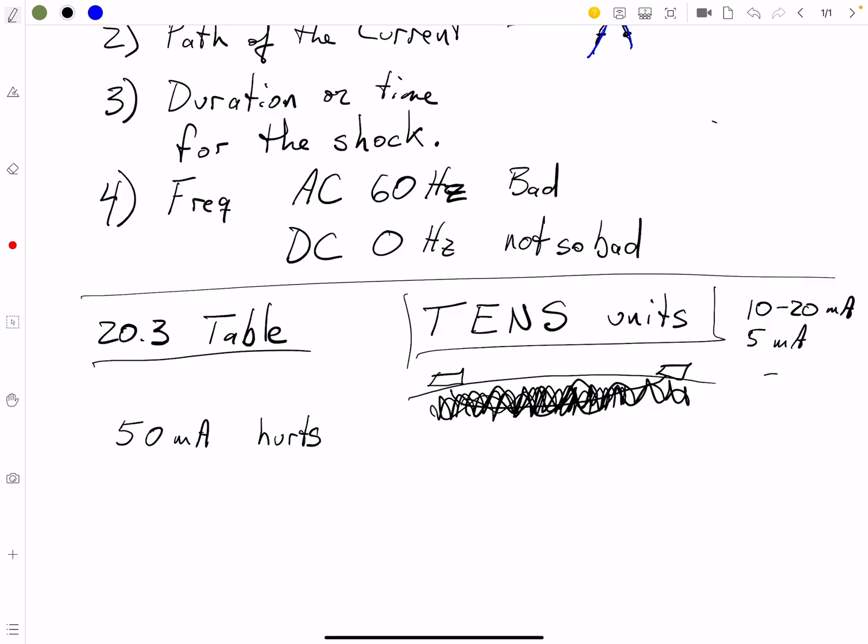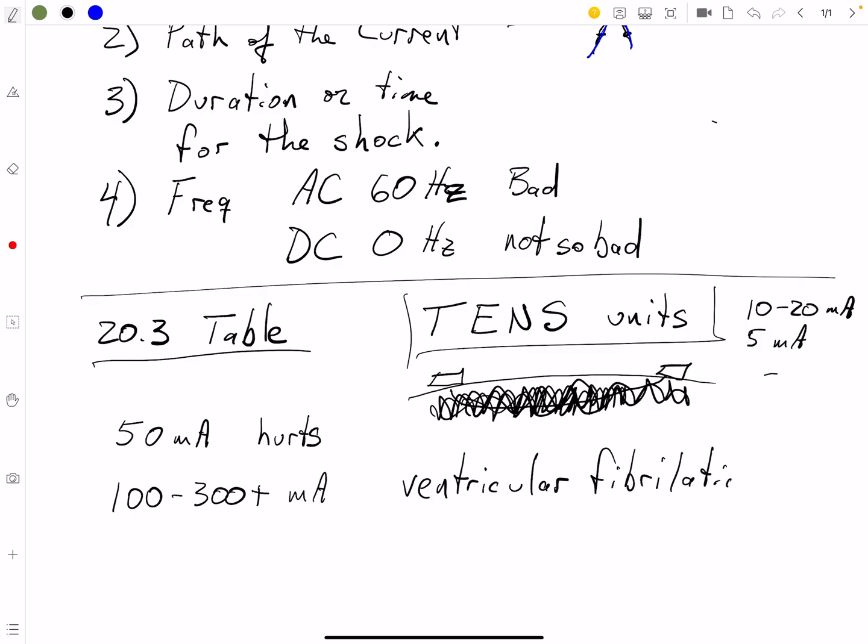All right, 50 milliamps hurts, and then 100 to 300 plus is bad. 100 to 300 plus is worse, but in this range of milliamps, you can get ventricular fibrillation, which is basically your ventricle fluttering.